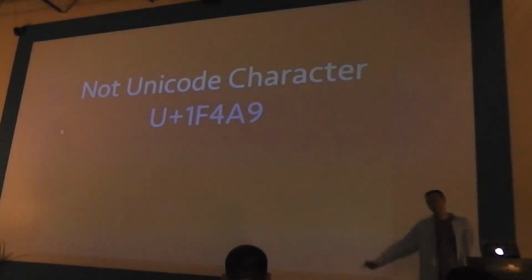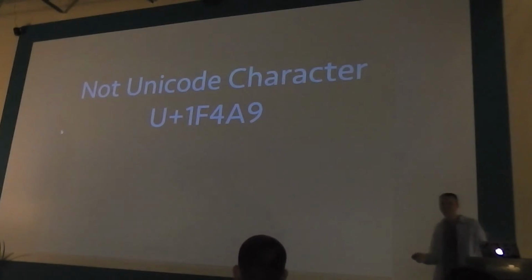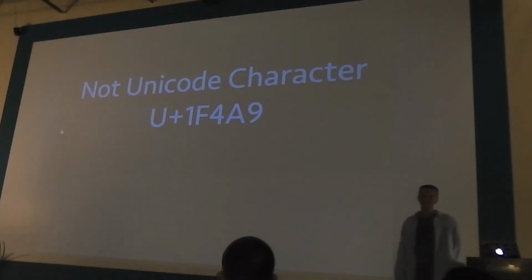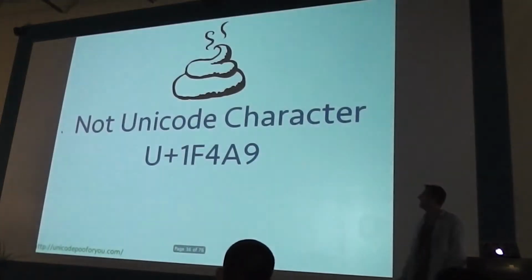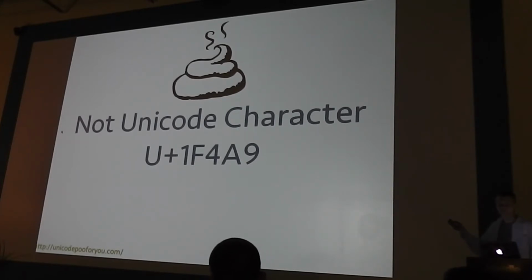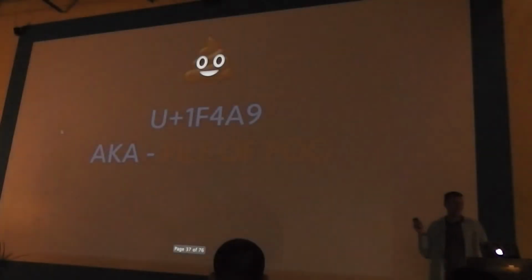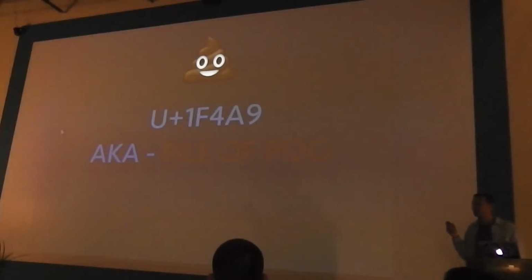For those of you who've ever dealt with Unicode stuff, it does not involve this character. For those of you who haven't dived into Unicode stuff, it does not involve this character. This is actually a single character in a font in UTF-8. Extended characters in UTF-8 actually have names. This one is called Pile of Poop.